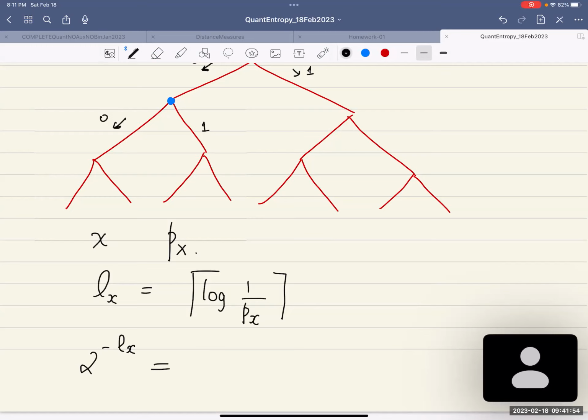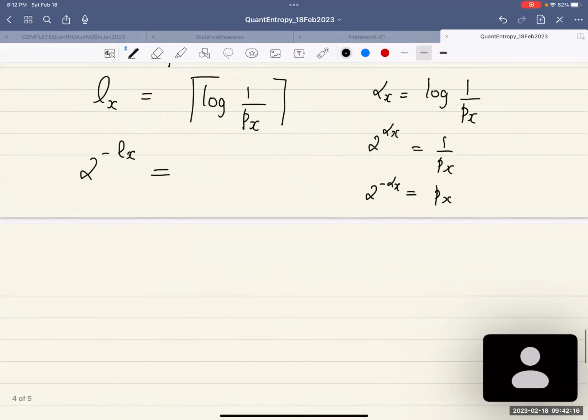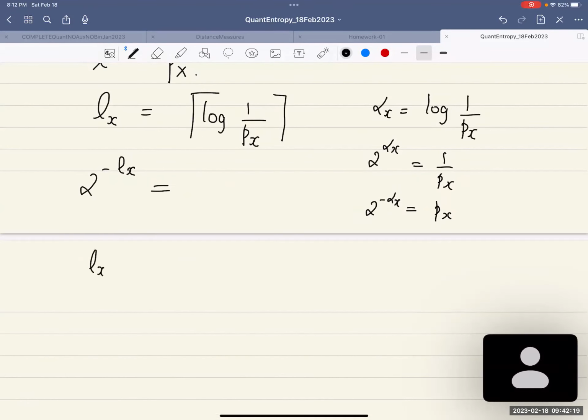It will be less than or equal to Px. Suppose I choose alpha x such that 2 power alpha x is 1 by Px. So 2 power minus alpha x is Px, right? And because Lx is greater than or equal to alpha x, 2 power minus Lx will be less than or equal to 2 power minus alpha x, which is less than or equal to Px.